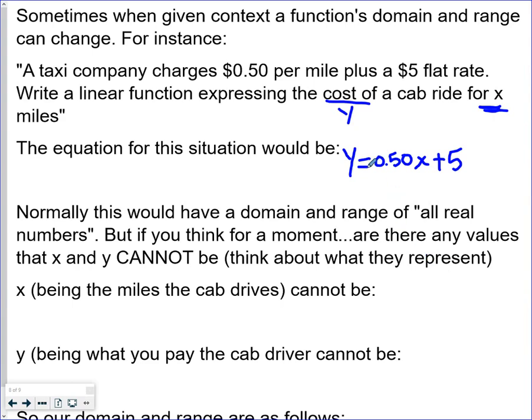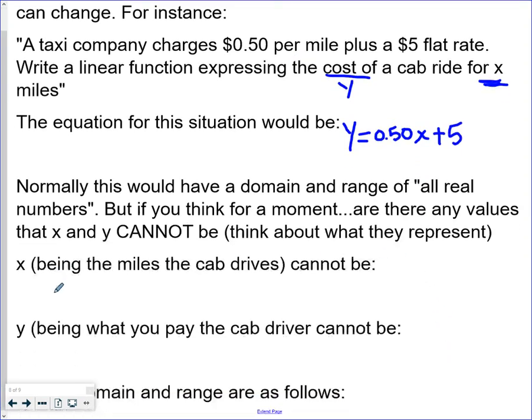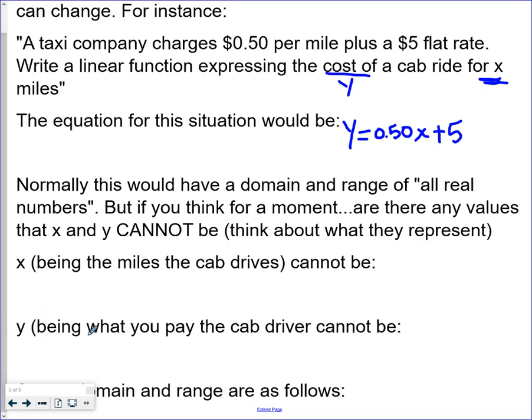Now, normally, if I just wrote this down by itself, I would say the domain and range are all real numbers. It's a linear equation. If you graph this, you'll get a line. I can plug in any number I want for x, and it's okay. But because we have a context, this x and this y mean something. This x is the number of miles the cab drives, and this y is the amount you pay to the cab driver.